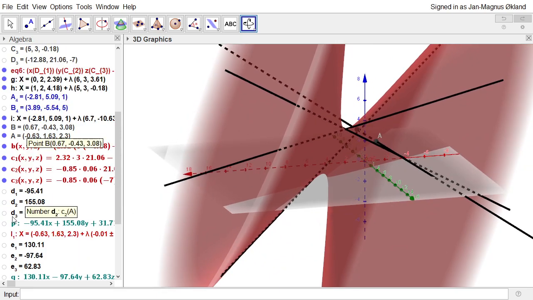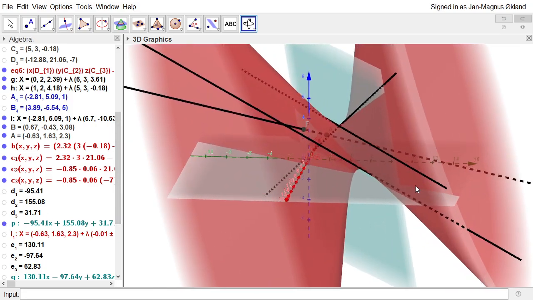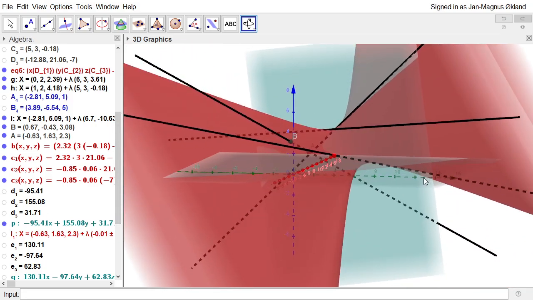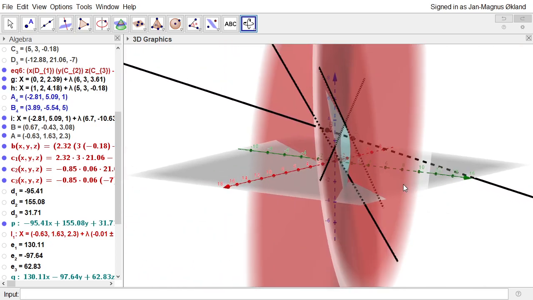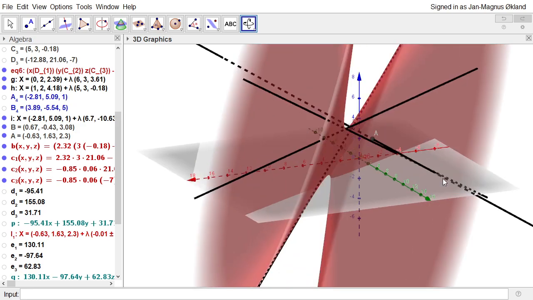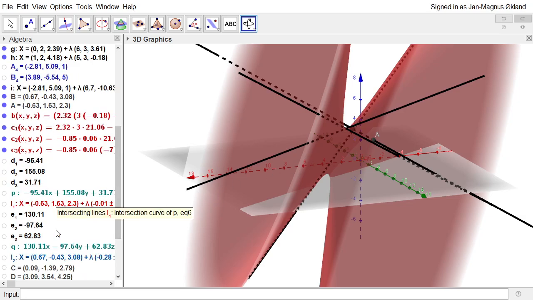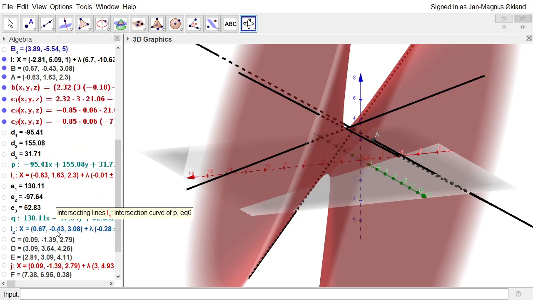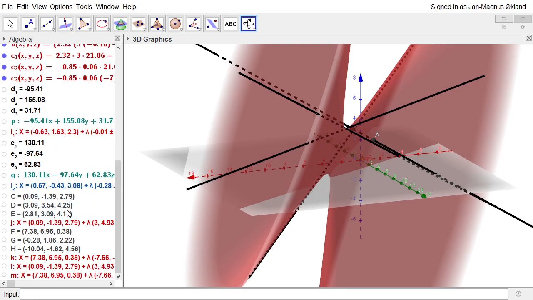And the tangent plane to the hyperboloid at A picks out two lines on the hyperboloid.